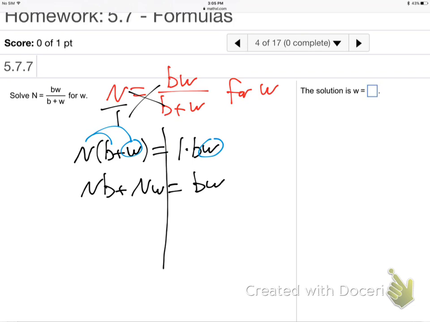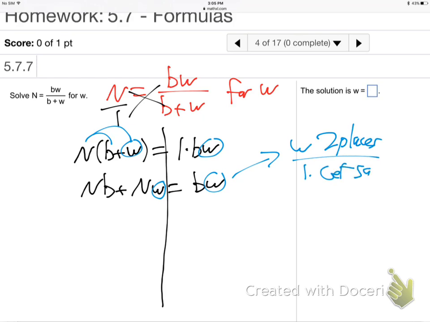Here's the W. What should be our next plan? Get them both on the same side. See the W's in two places? Get those W's on the same side. Factor and divide. Does that make sense?